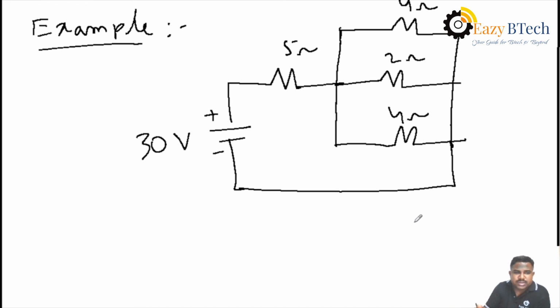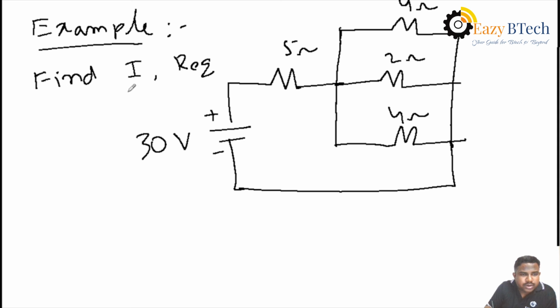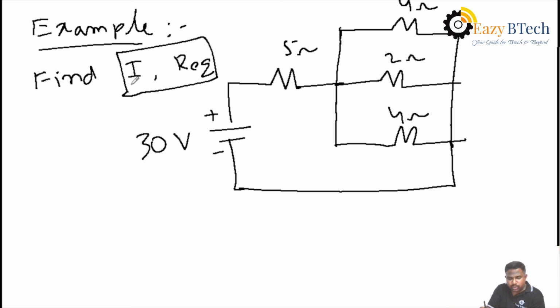From this circuit, our aim is to find the total current and the total resistance. Before finding the total current value, we have to find the equivalent resistance in the given circuit.